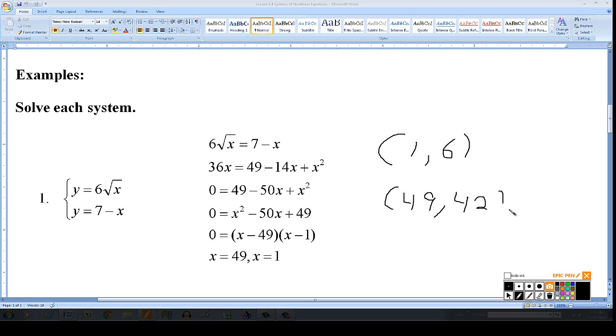But notice if I put the 49 in the second equation, where the x is, 7 minus 49 gives me a negative 42.